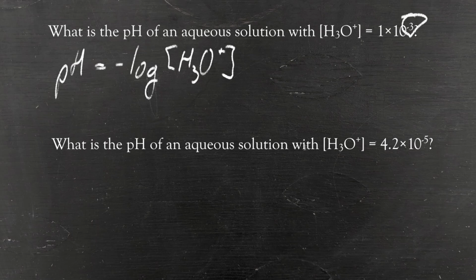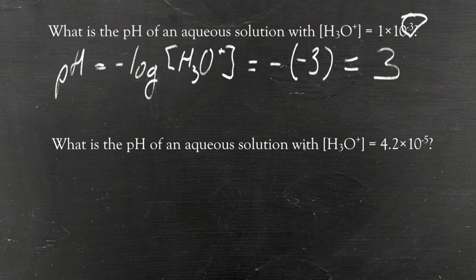Or in this case, it's going to be exactly equal to it because we have a 1 out the front. So it's going to be equal to negative, and the value for the log of this number is 3, so it's going to be 3. We can look at that power and know approximately what the answer is going to be, or in this case, exactly what the answer is going to be.